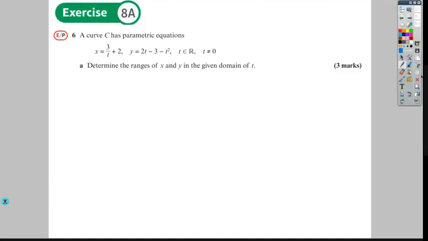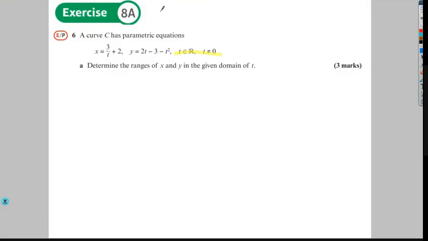The first one, question 6, wants us to find the range of x and y in the given domain of t, which is t is a real number and it cannot equal 0. If I want to find the range of x, then I need to draw this graph of x against t and find the range.